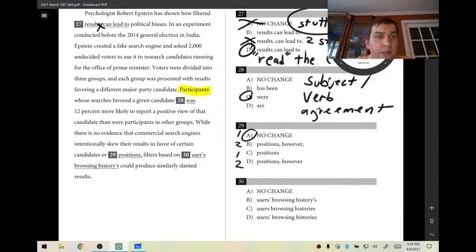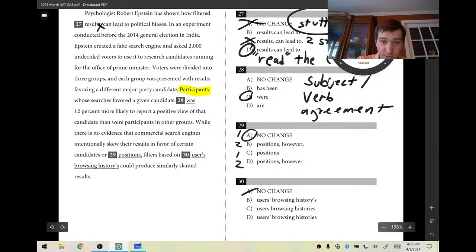So that comma is necessary. While there's no evidence that commercial search engines intentionally skew the results in favor of certain candidates or positions, comma. So we need that comma because we're introducing a clause with this while. That's why we need the comma. And then the second question, filters based on user, singular, user possessive, singular, browsing history possessive.